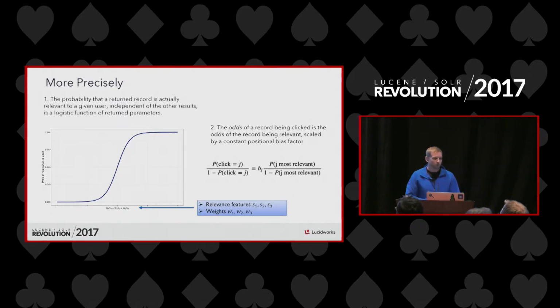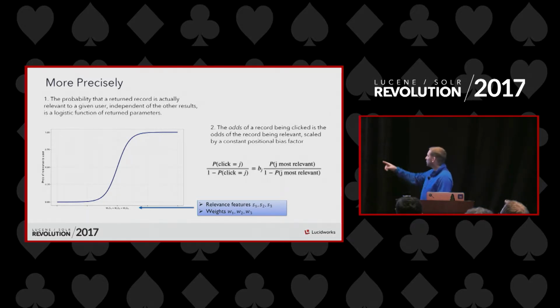And we can do that a little bit more mathematically. Mathematically, it looks like this. The first assumption is that the probability that a result is relevant to a user, now we're not talking about clicks, is a logistic function of the features.